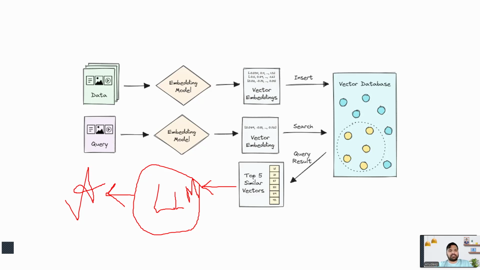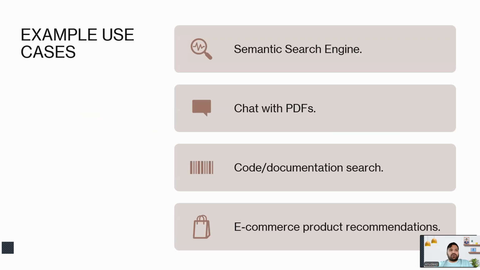And this is the main building concept of our RAG applications. So let's look into some example use cases. As I told you, embeddings and semantic search help us in having a semantic search engine to search on these vector indexes as vector documents, as a developer, or chat with PDFs.